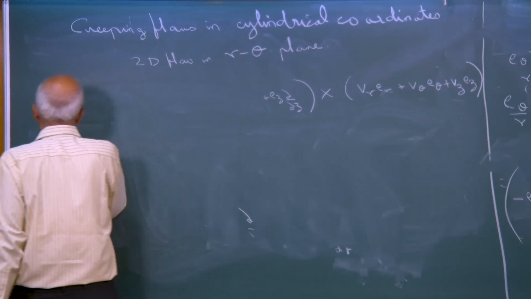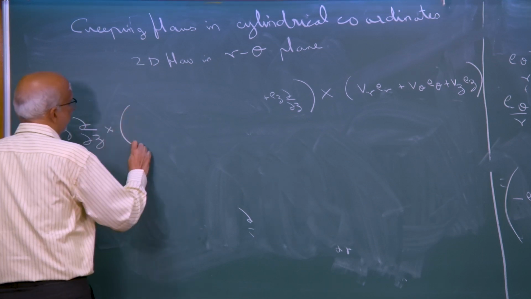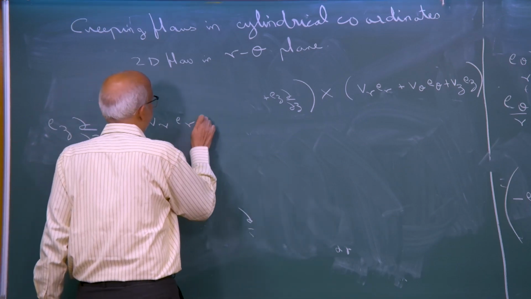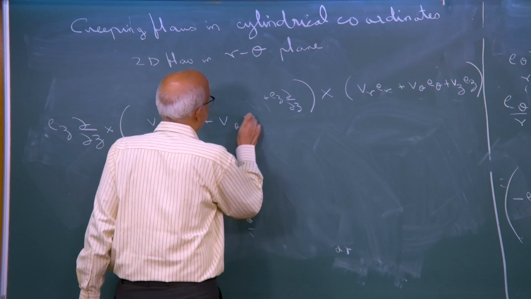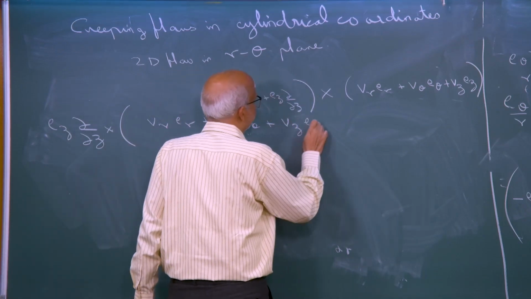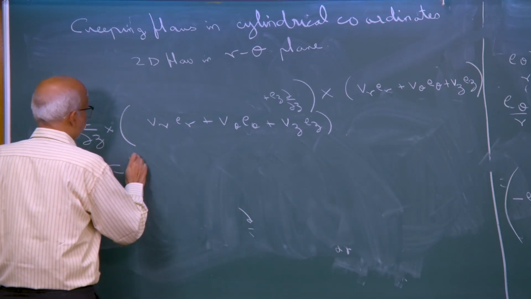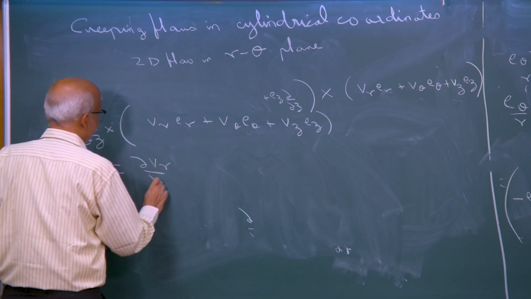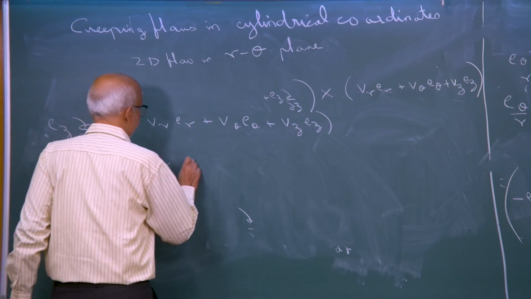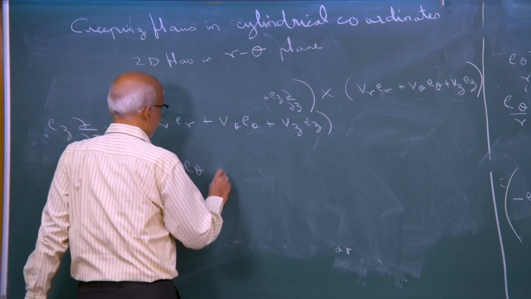So, Ez d by dz crossed with this guy, Vr Er plus V theta E theta plus Vz Ez, turns out to be dVr by dz. Ez crossed with Er is E theta, and Ez crossed with E theta is minus Er.